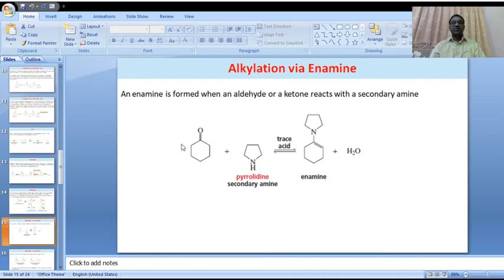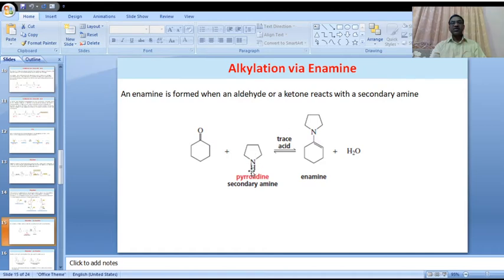Here, please observe, an enamine is formed in this reaction. The starting compound is cyclohexanone, the ketone we are using in this reaction. The ketone reacts with the secondary amine.